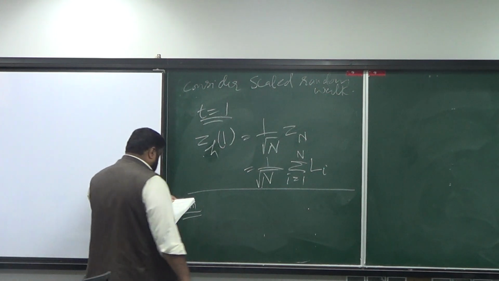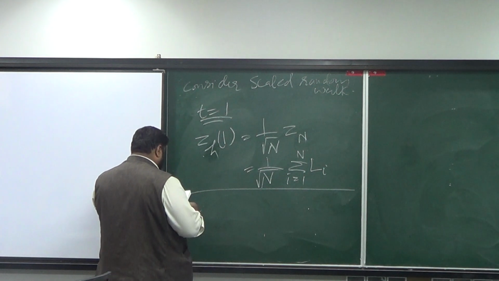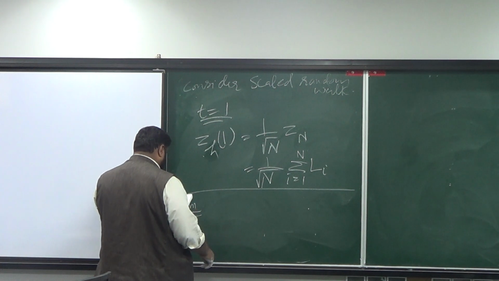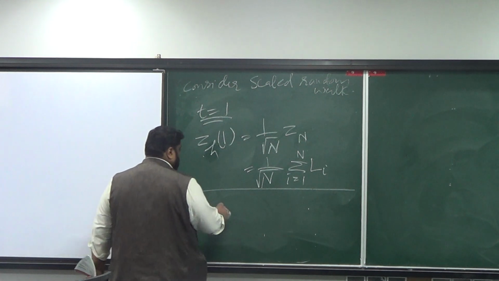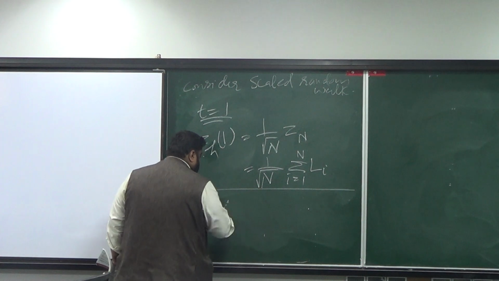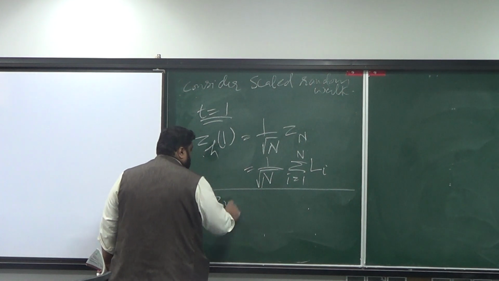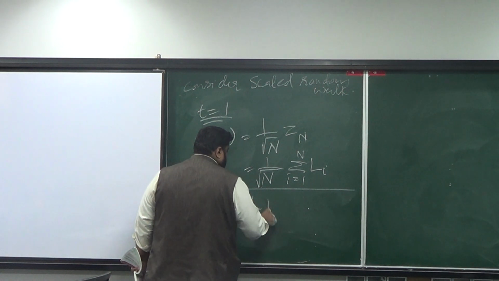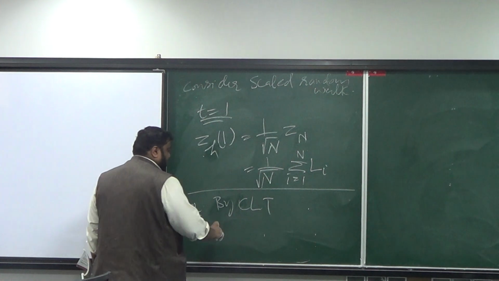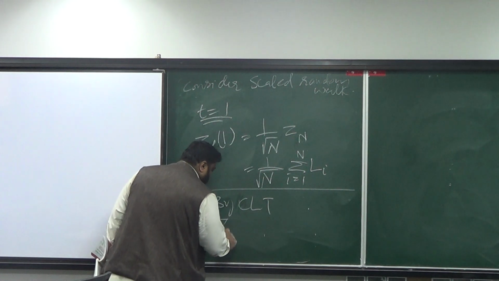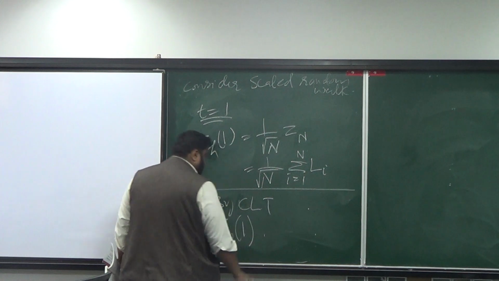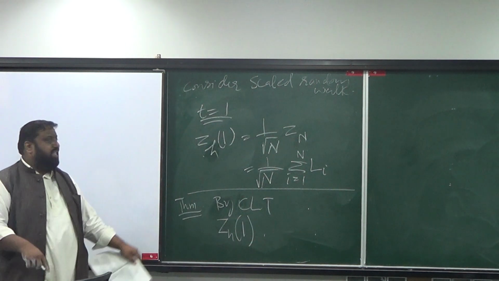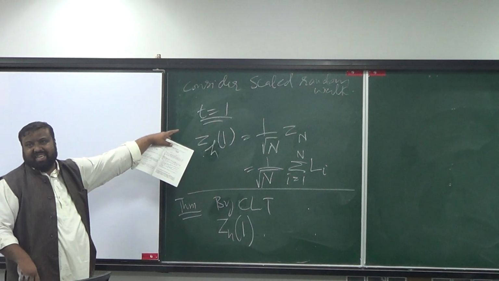I'm just writing, by central limit theorem, what you can prove is that this is the scaled random walk, for example. Even if it's not necessarily about n, you can take any instant.